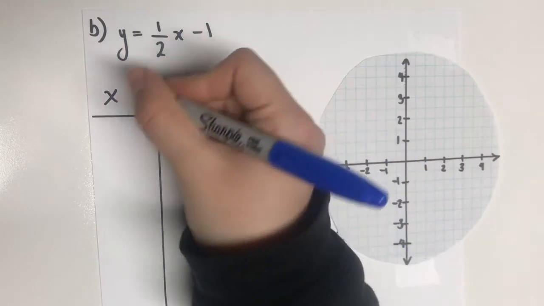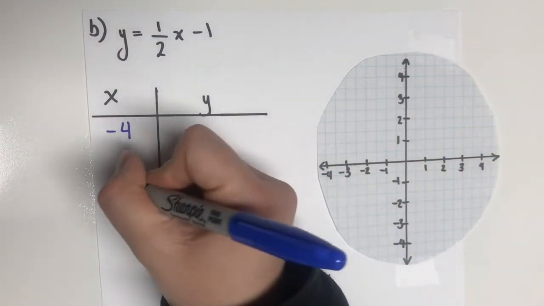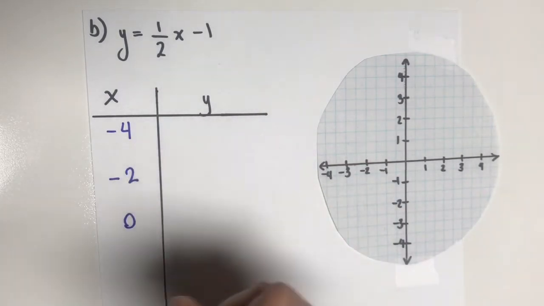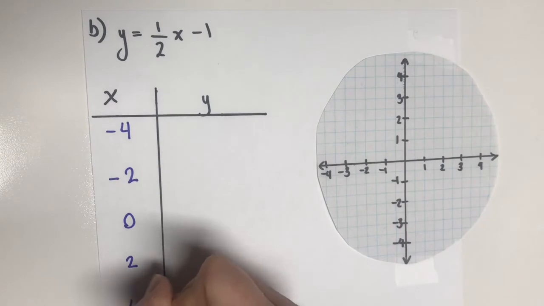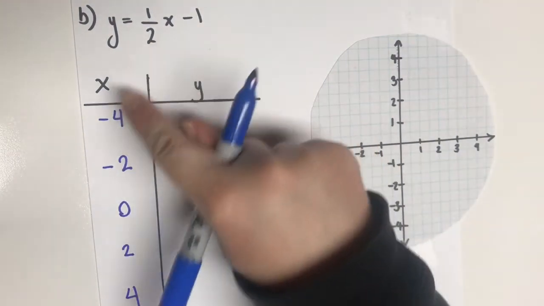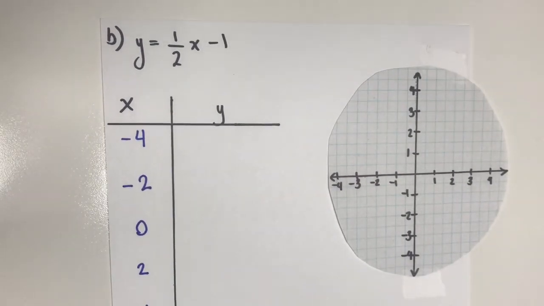So a multiple of 2 is -4. Another multiple of 2 is -2. And then 0, 2, and 4. So I've put numbers that I know 2 goes into, because then I can divide out that 2 and get rid of the fraction.